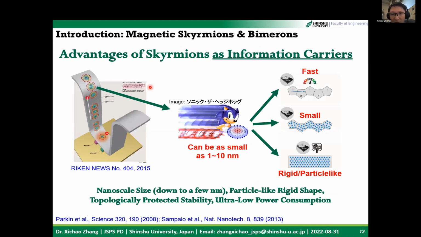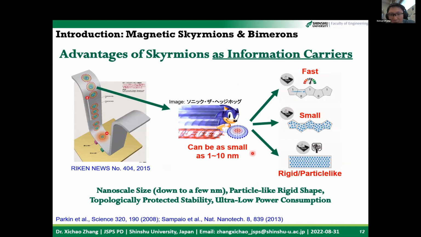Here, I want to mention that the advantages of using skyrmions as information carriers in storage and computing applications include three major points. First, the skyrmion can be as small as a few nanometers, which means the storage density of a skyrmion-based memory could be very high.